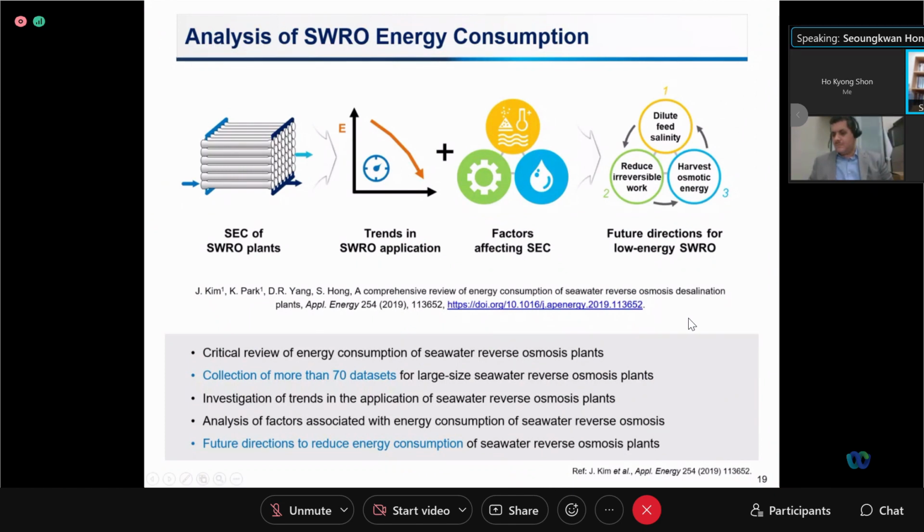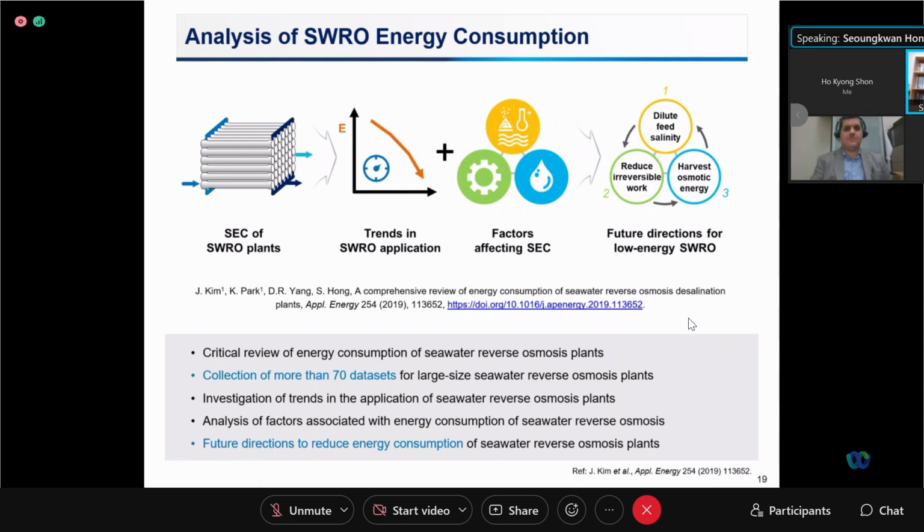Recently, my research group has published a comprehensive review paper concerning the energy issue in desalination in the journal Applied Energy. In this paper, the energy consumption of full-scale seawater reverse osmosis plants all over the world was critically reviewed. More specifically, more than 70 data sets for large-sized seawater reverse osmosis plants were collected, examined, and analyzed.